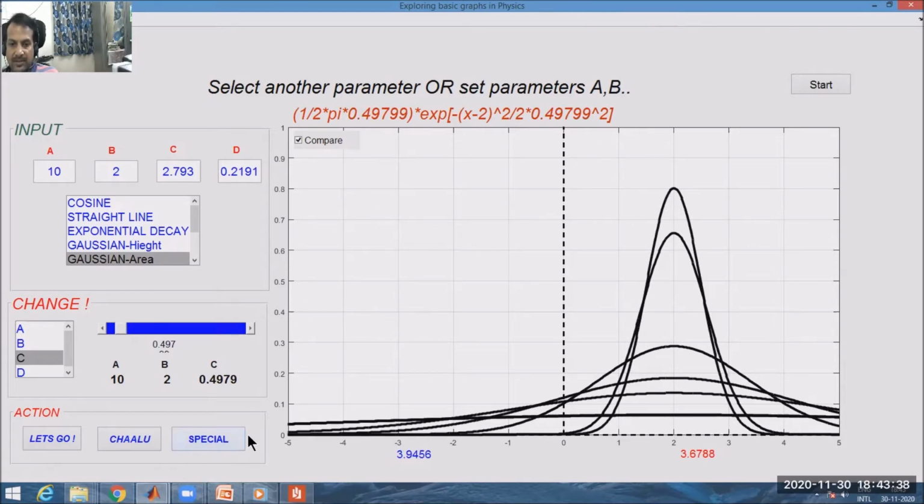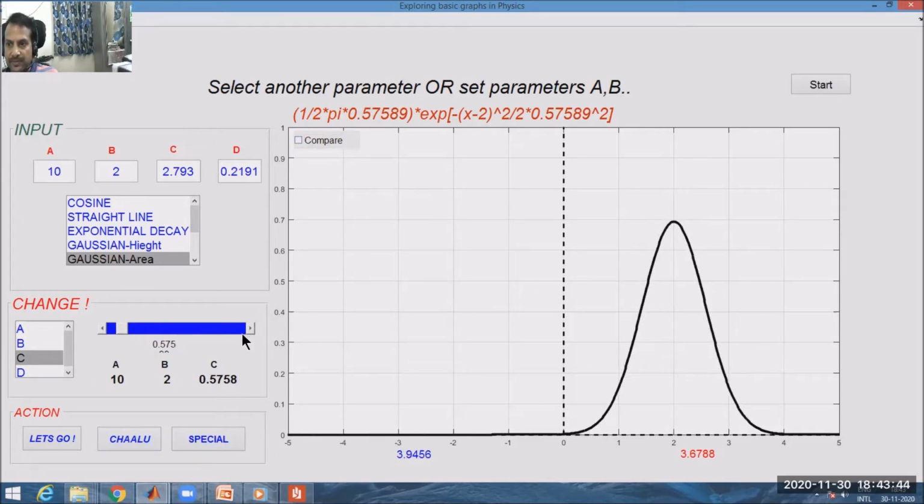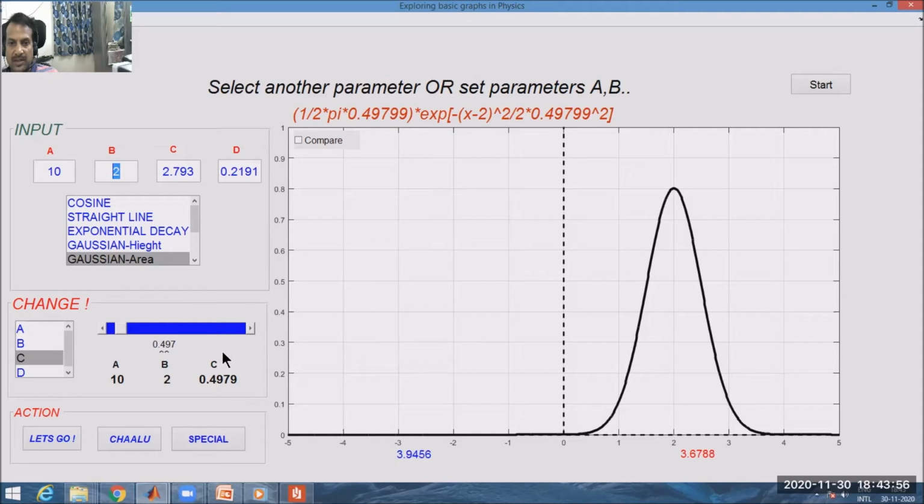So now let us look at the importance of the parameters with respect to the function. So let's generate some convenient Gaussian function. So we have something like this, b is equal to 2 and c is equal to 0.49.